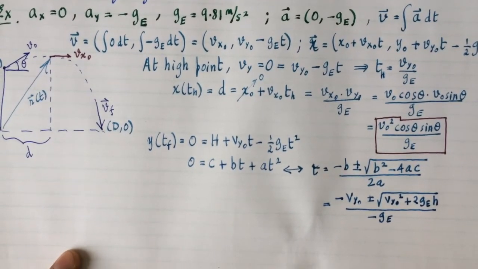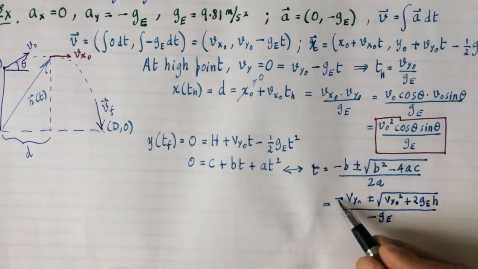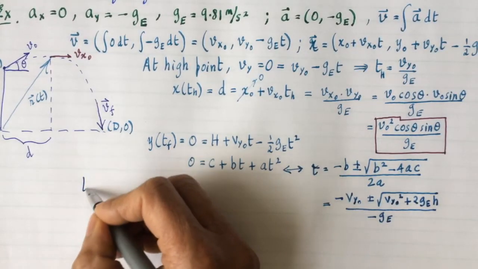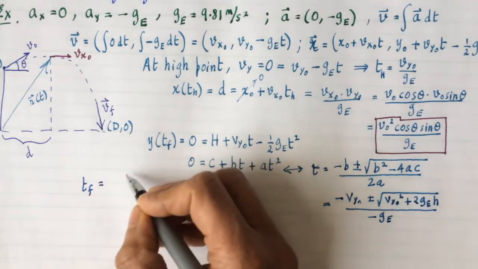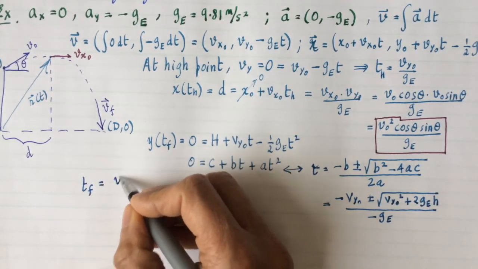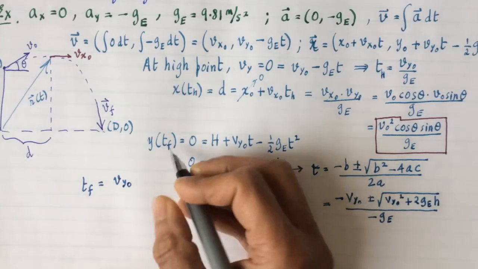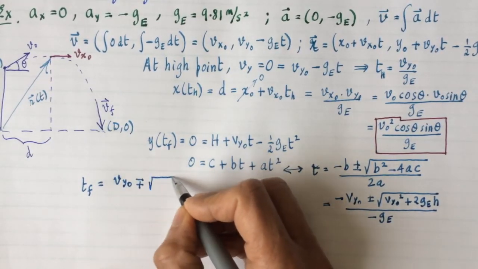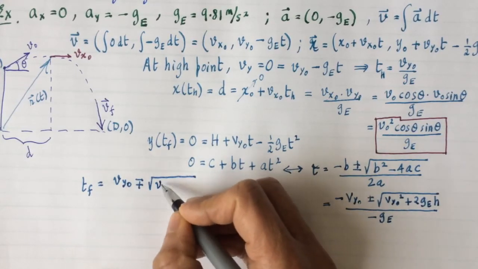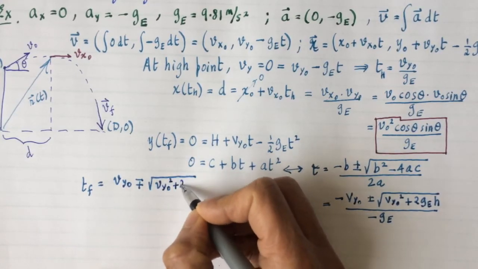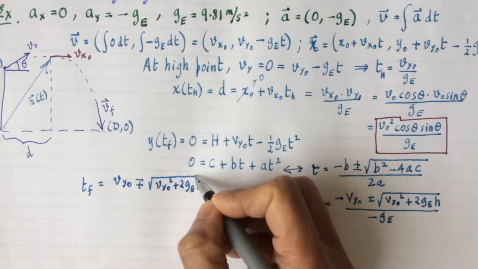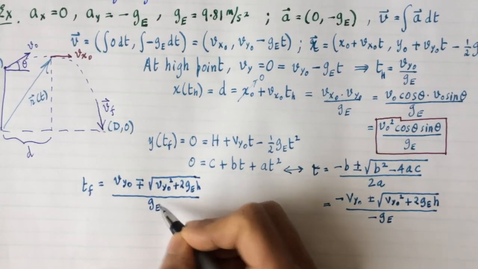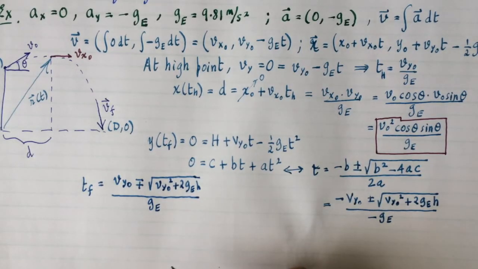There are two solutions. This negative sign can be cancelled, and the solution I keep is the one that makes sense. So I'm going to get vy naught minus plus the square root of vy naught squared plus 2gh. The reason that plus minus becomes minus plus is because I'm dividing both sides by the minus sign. So these are the two solutions for the time.